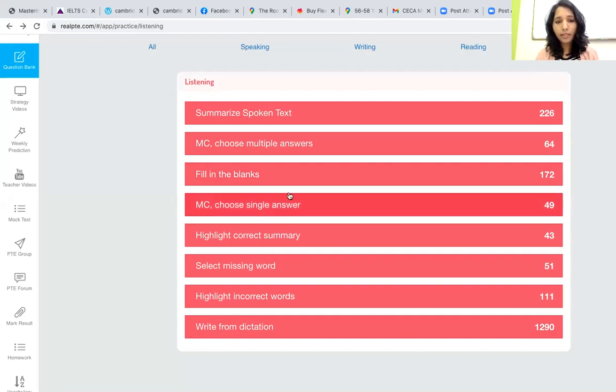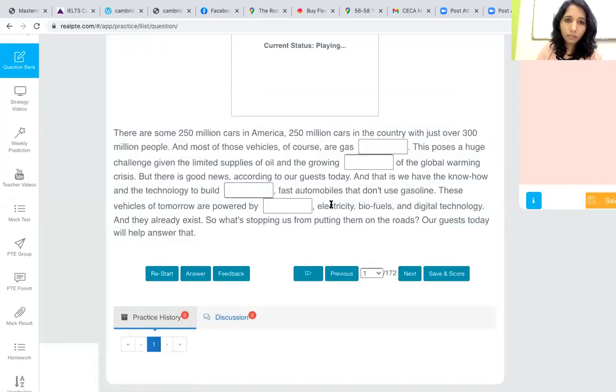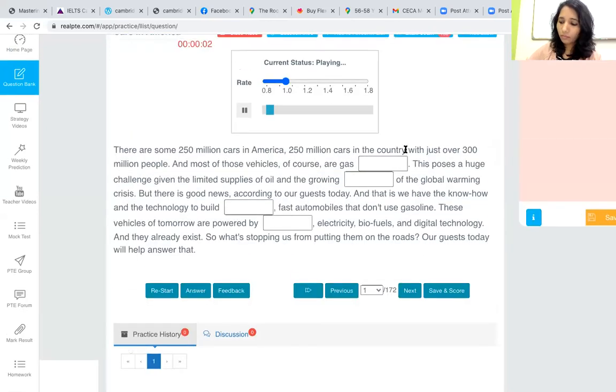Maybe this one. There are some 250 million cars in America, 250 million cars in the country with just over 300 million people, and most of those vehicles, of course, are gas-powered. This poses a huge challenge given the limited supplies of oil and the growing urgency of the global warming crisis.